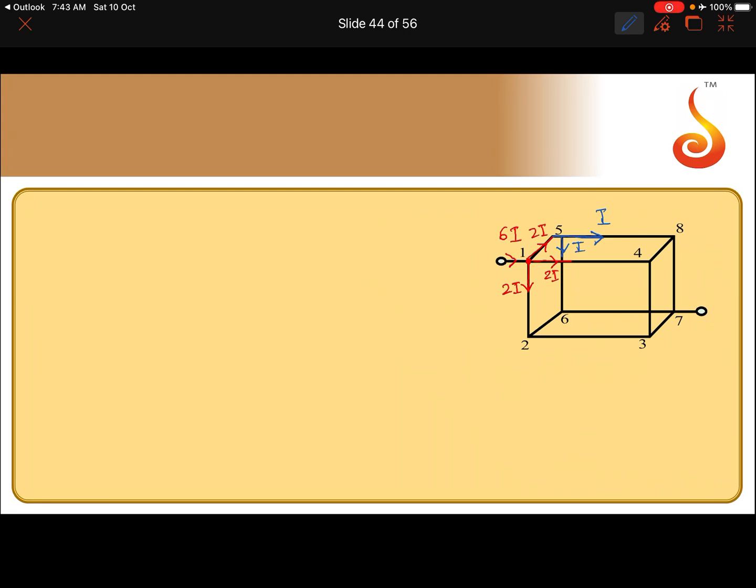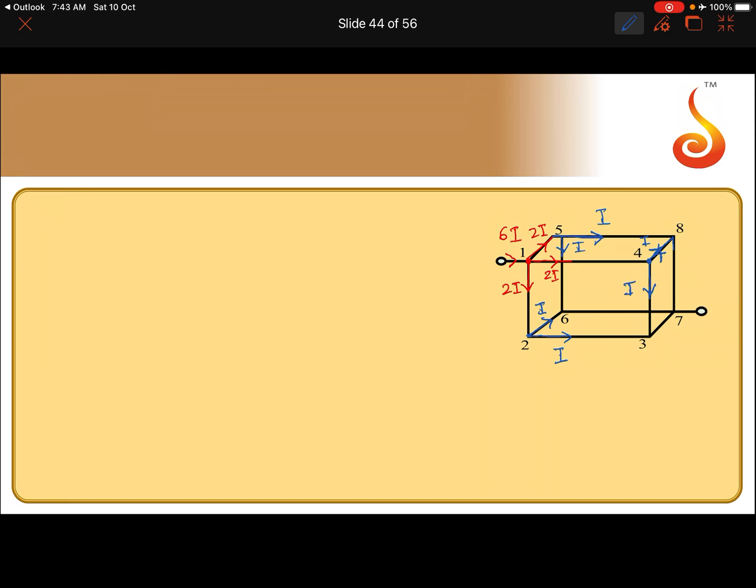Now at point 2 again it should split into 2 equal parts, I and I. Then at point 8 it should split into 2 equal parts. At point 4 it should split into 2 equal parts, I this way and I this way.